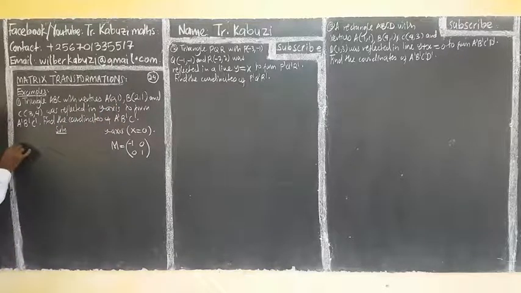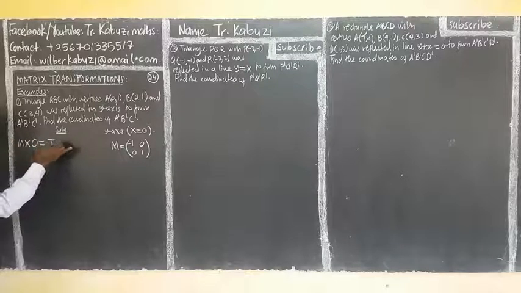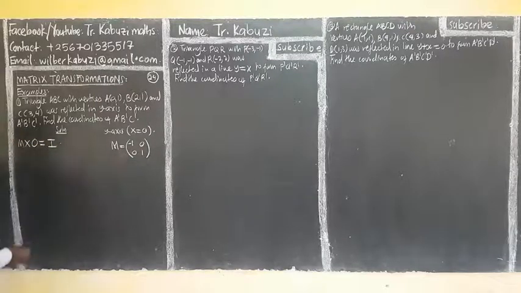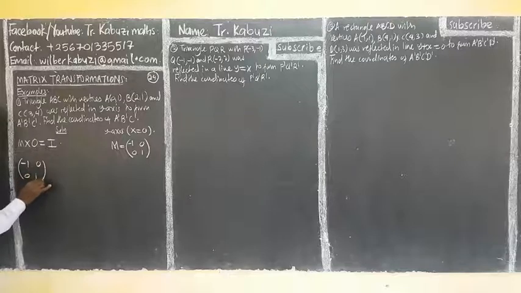Remember that our matrix of transformation times the object is equal to the image. Our matrix M is there already, so it's going to be (-1, 0, 0, 1), then times A, then B, and C there.